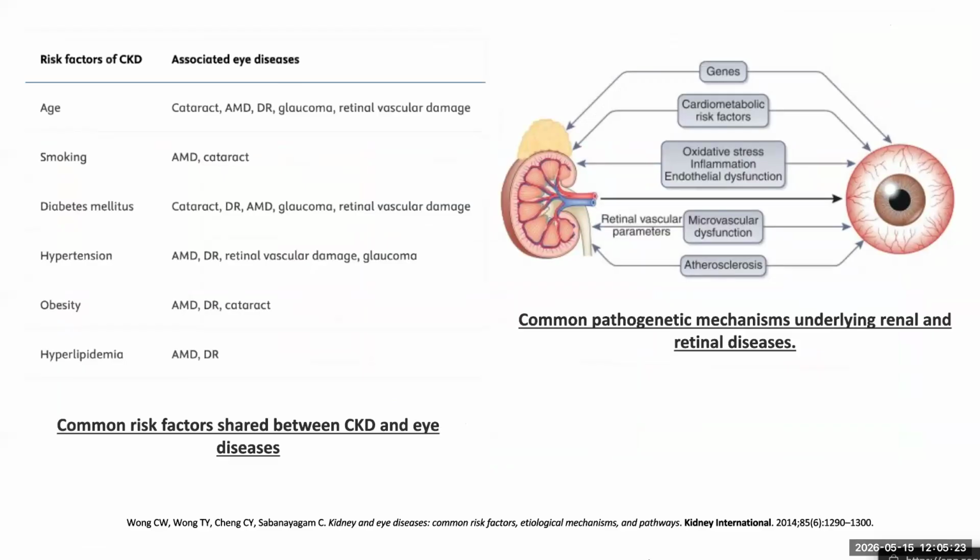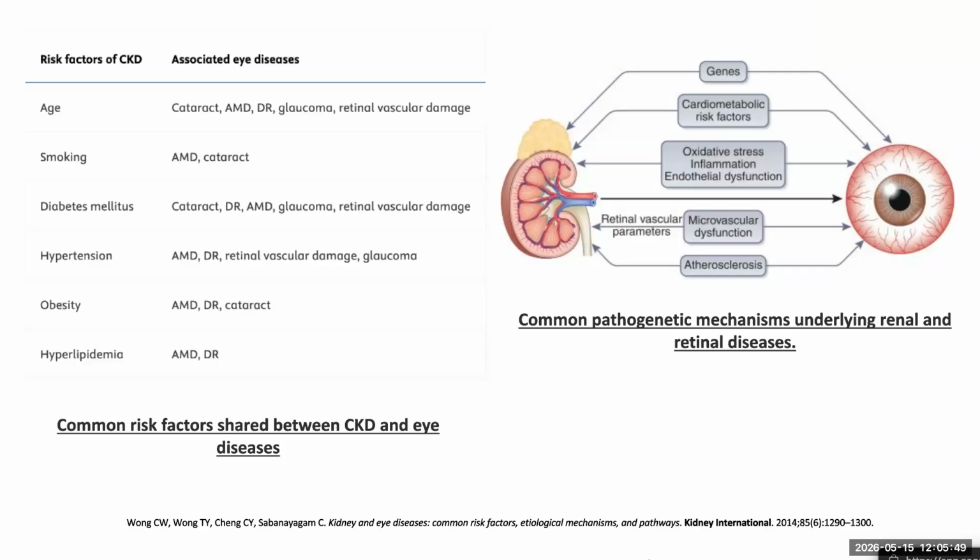Age-related changes we see in the eye, like cataract, age-related macular degeneration, glaucoma and retinal vascular changes, have similar vascular changes in the kidneys. Smoking is a risk factor for cataract and age-related macular degeneration. Diabetes causes glaucoma, diabetic retinopathy and retinal vascular changes, along with hypertension, obesity and hyperlipidemia.